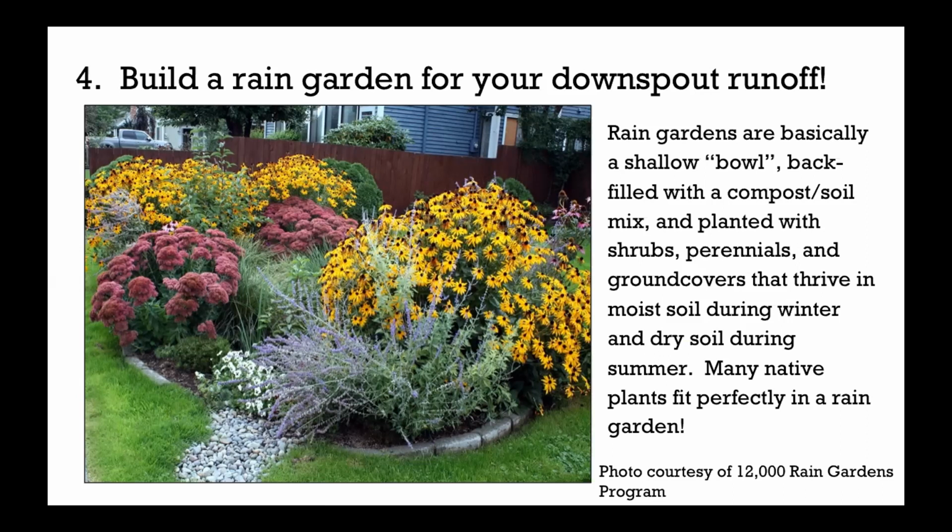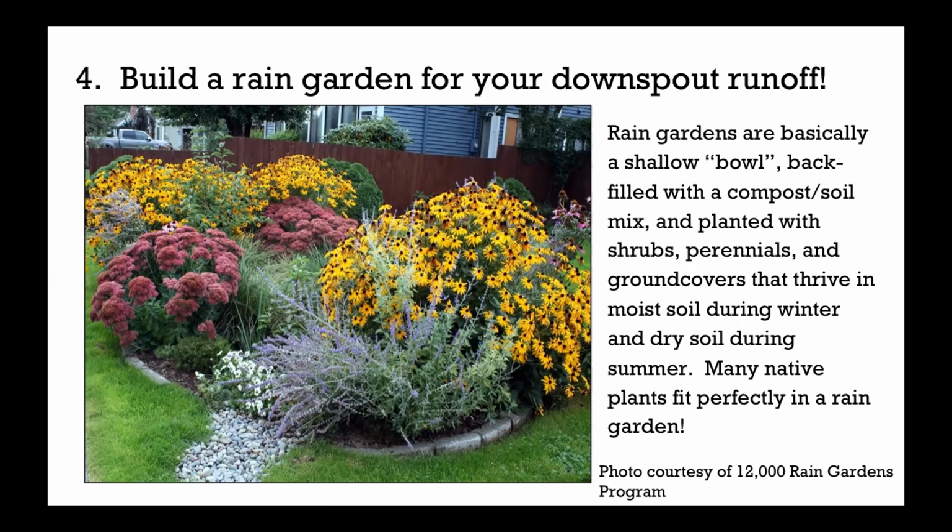It depends on how much space you have and other calculations that are available, and it's on the resource sheet that you'll get, the fact sheet that comes with this presentation. Links to the Snohomish County Rainscaping Program that April mentioned, and also a WSU program or sponsored program with the Stewardship Partners called the 12,000 Rain Garden Program.